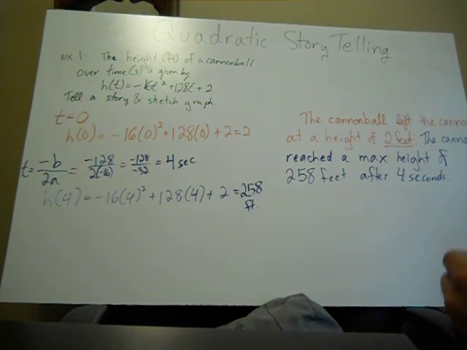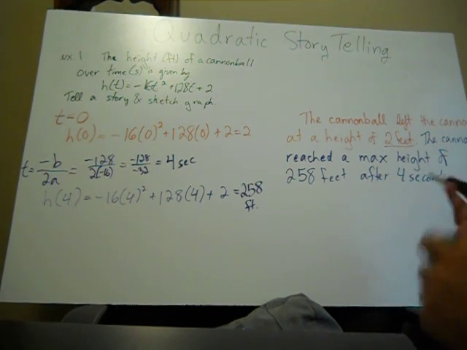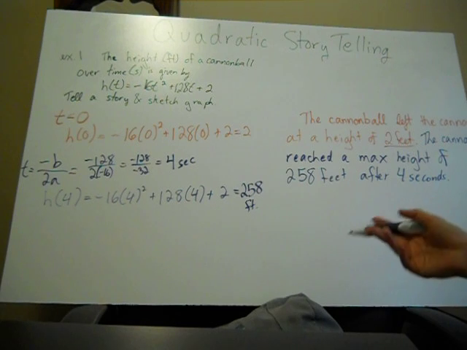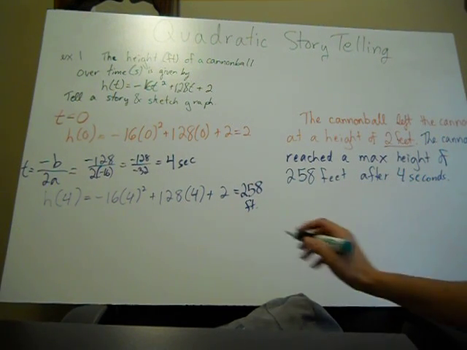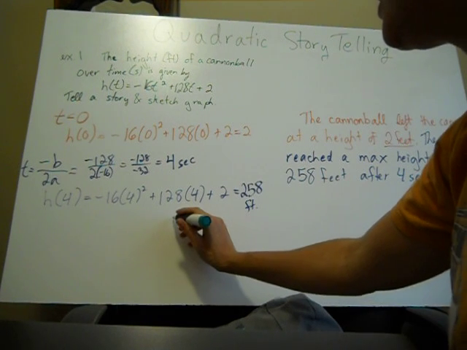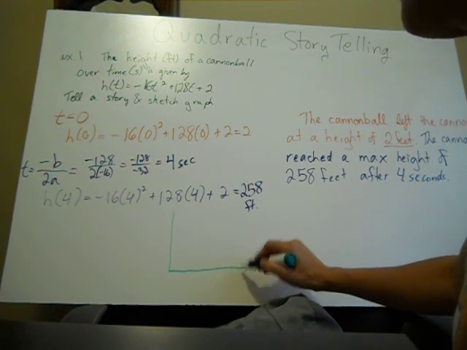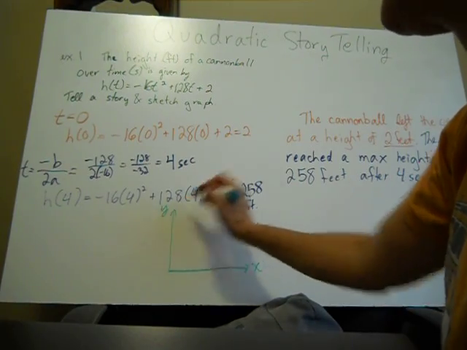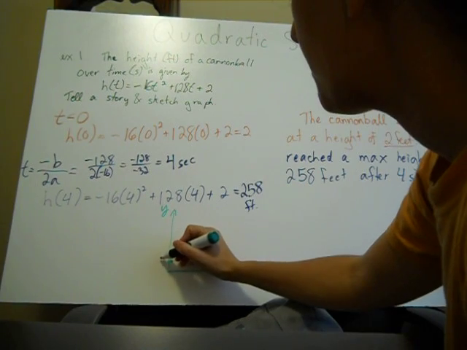Alright, and the last thing we want to know is, how does the story end? When does the cannonball hit the ground? Well, you learned from your last test how to find the zeros of the function. So when you're looking at this, now I'm going to go ahead and sketch what we have so far. If you make this the x-axis and this the y-axis, it left from a height of 2 feet.